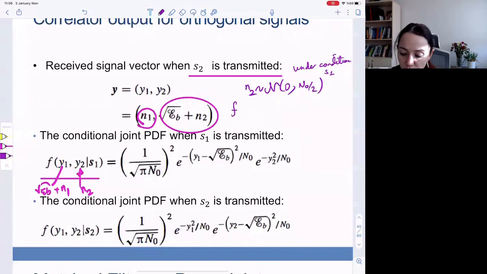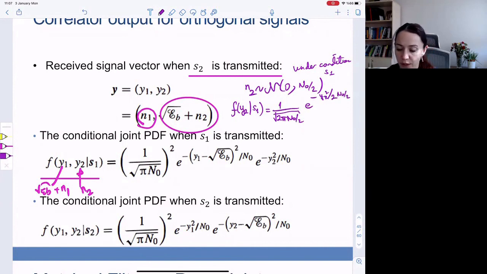The conditional PDF of Y2 given S1 is then 1 over square root of 2 pi N0 over 2 times e to the minus Y2 squared over 2 times N0 over 2. Why? Because it's 0 mean. So let's simplify things: 1 over square root of pi N0 times e to the minus Y2 squared over N0.